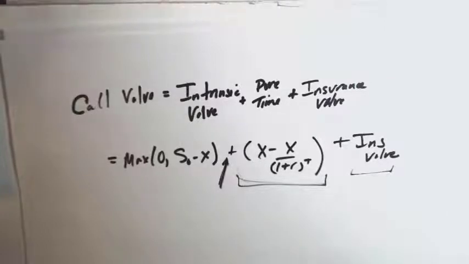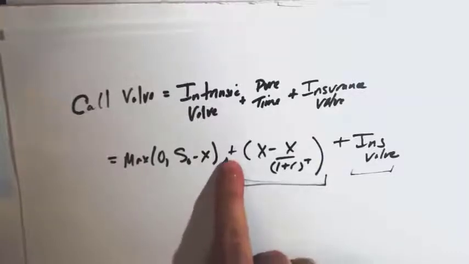You're going to shell out $2 rather than $100. That means the call is way more attractive when interest rates are high, because you only have to shell out $2 and you only have opportunity costs associated with that $2. The call becomes more valuable when interest rates are high. And so there it is. That's the plus sign here.